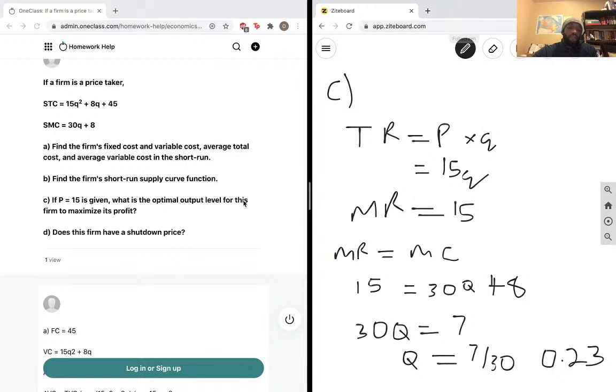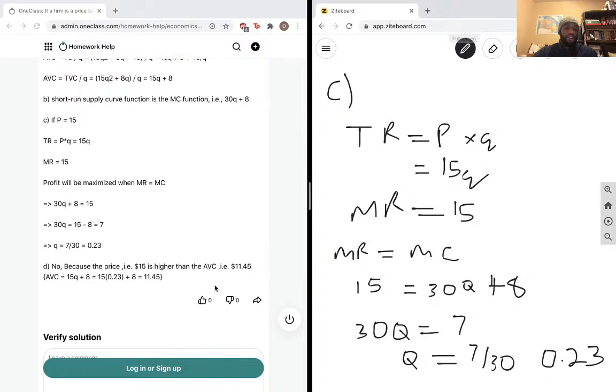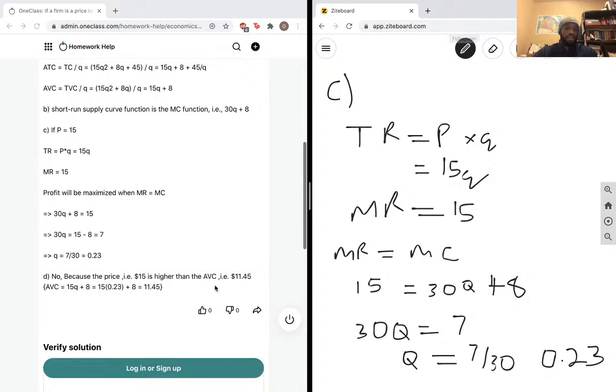And does this firm have a shutdown price? The answer is no, because, for example, if price equals 15 is higher than the average variable costs, in this example it would be 11.5, and you just sub the quantity into the average variable cost. The firm doesn't have a shutdown price because the price is greater than the average variable cost.